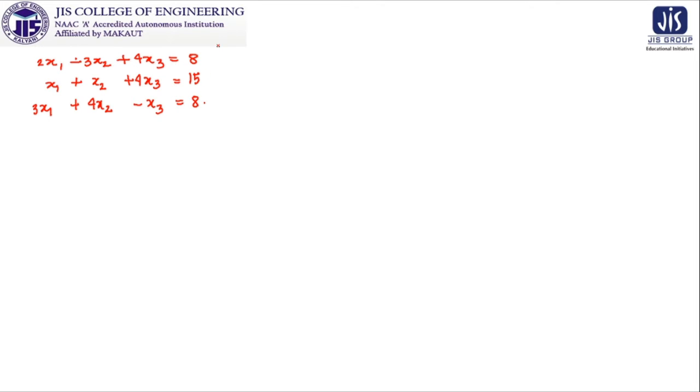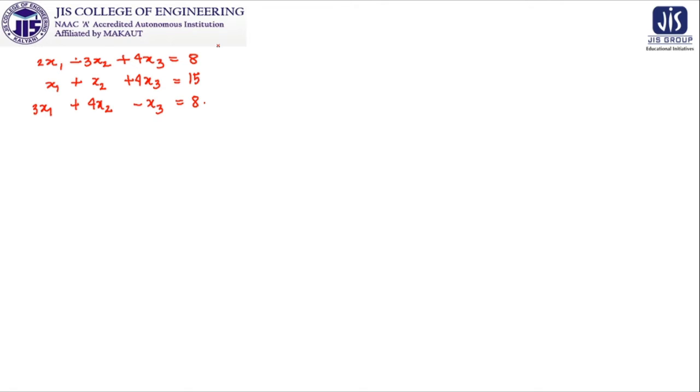Apparently there is no problem in this particular given system of linear equations. We have three unknowns and three equations, so it is a square system, and here my unknowns are represented as x1, x2, x3, and the constants we are getting are 8, 15 and again 8.